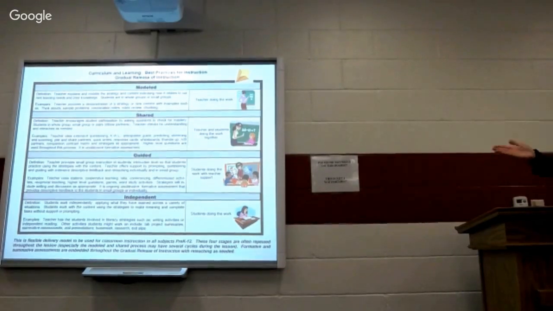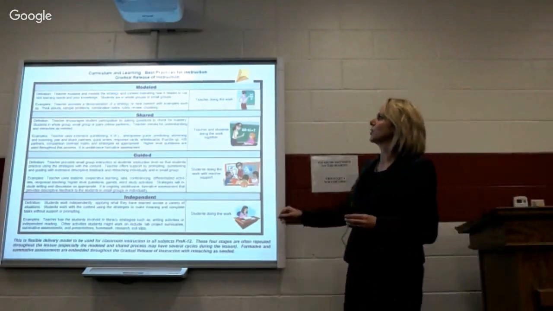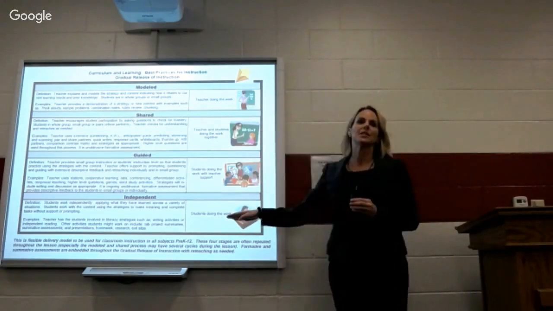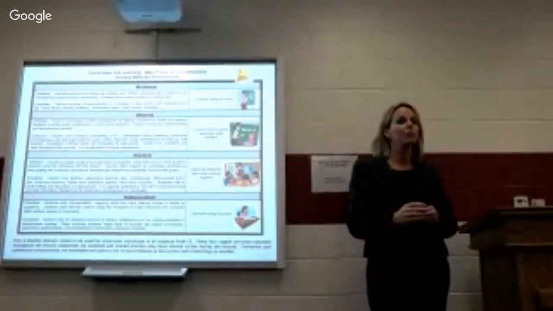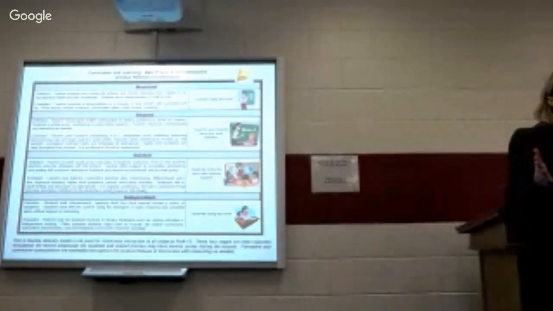Concept, the ultimate goal, of course, is to get students to be independent learners. Really, we want to refrain from going from modeled to independent. Tell students what the learning is and show them, oh, they're going to do it on their own, because that's where some of our kids have challenges, right? Some of our kids can handle that.